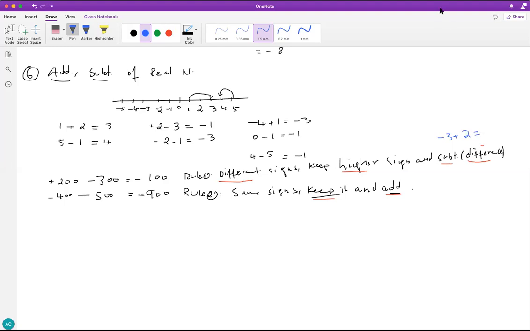Obviously, they're different signs. Okay, what is that? -1. Keep the sign of the higher number and find the difference of the two. For this one, same sign, let's say -4 minus 2. It will be -6. That's right.